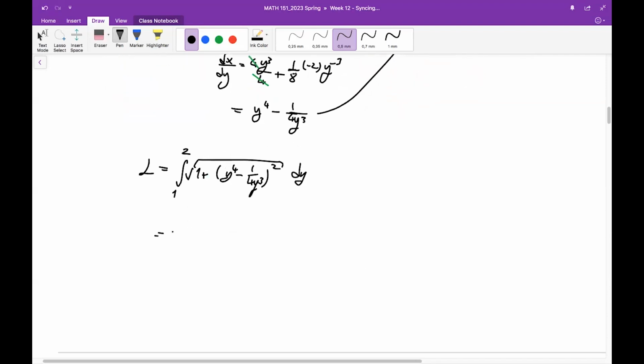Okay? 1 to 2, take the square. 1 plus y to the power 8 minus this times this times 2, which is minus 1/2, plus 1 over 16 y to the power, or this would be 6, I guess. I'm sorry, it's 8. So something like this. I computed this power here, okay?